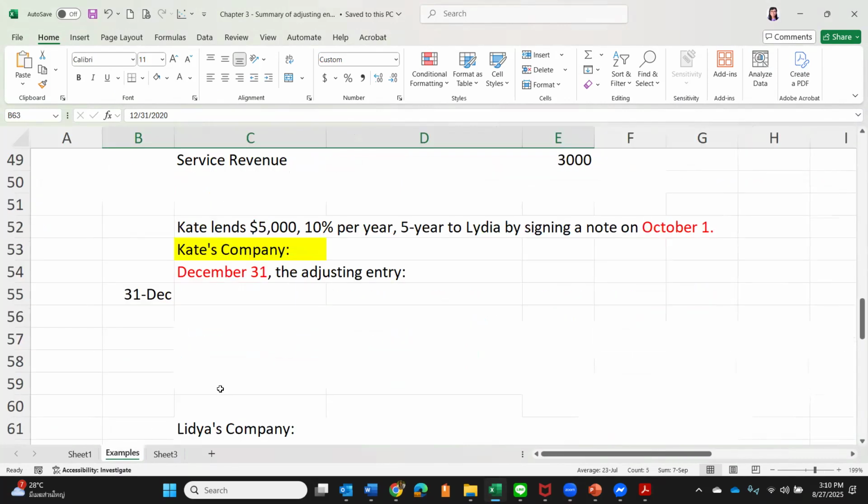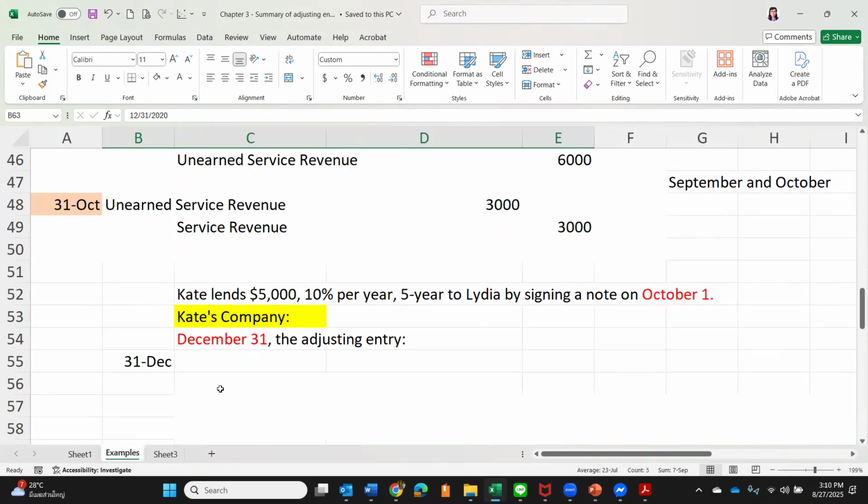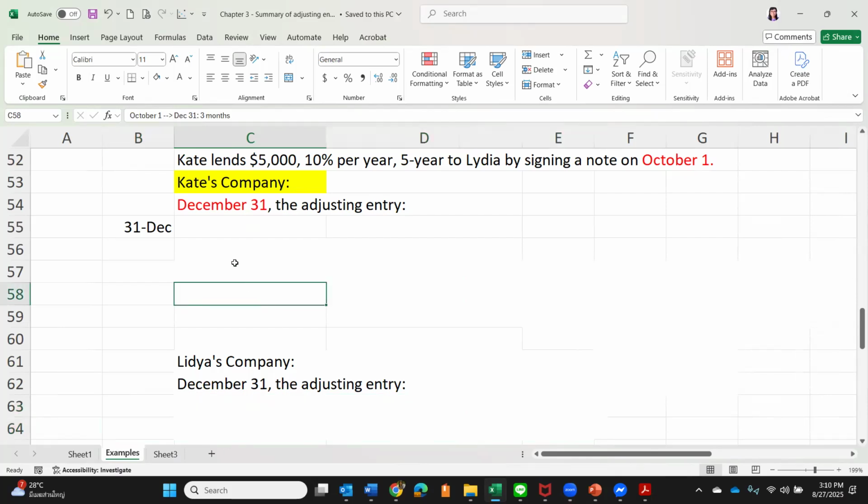So let's look at this example. Kate lends $5,000, at 10% per year, for 5 years to Lydia by signing a note on October 1. So on October 1, what happened? Kate lent money to Lydia.